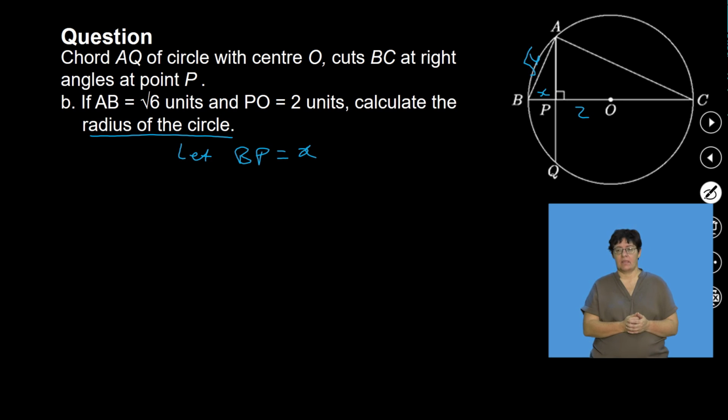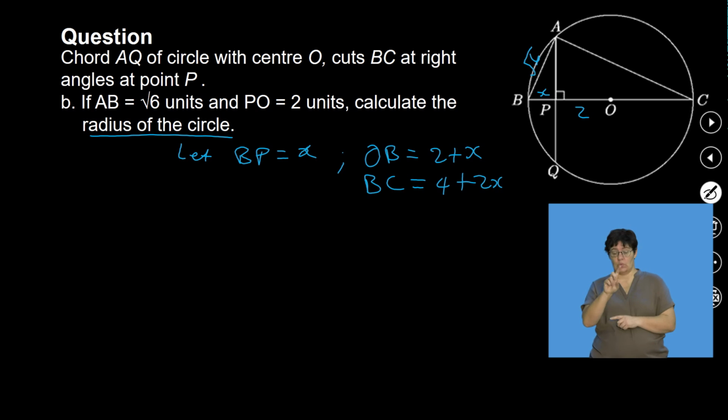Now my OB, which is the radius of the circle, will be 2 plus X. And then my BC, which is the diameter, will be 4 plus 2x. Remember, the diameter is twice the radius of the circle.